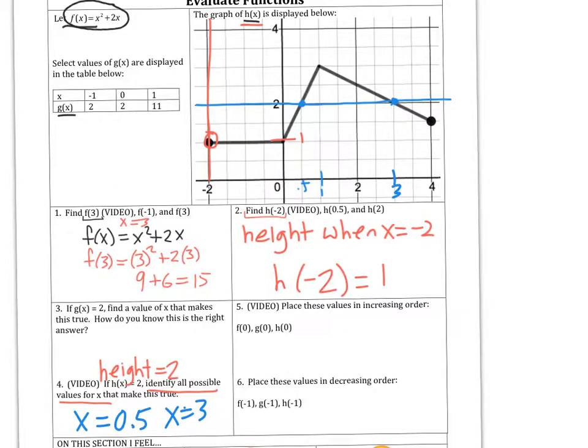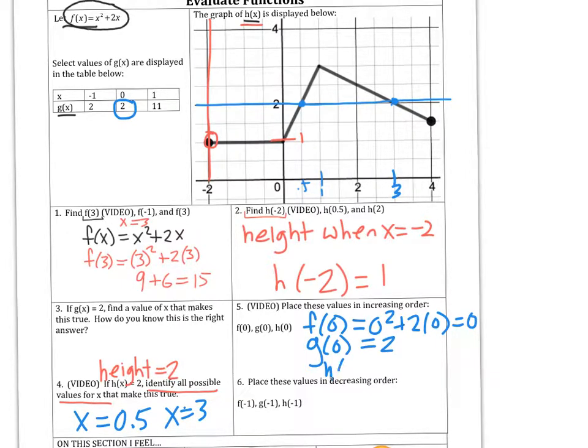Number 5 is the next one. I've got to place these values in increasing order. So let's go piece by piece. f of 0 is going to be 0 squared plus 2 times 0. That's my equation, and that's equal to 0. g of 0, we'll get to use my table. That's going to be the output when x is 0, so that's 2.